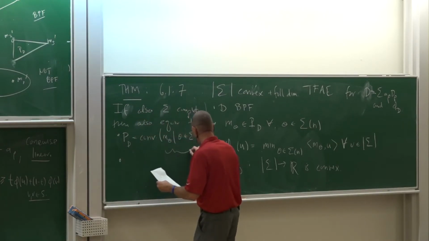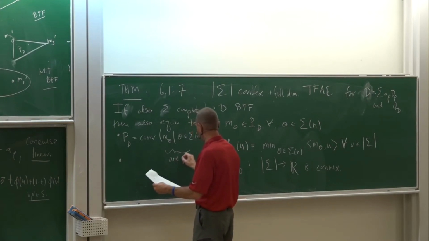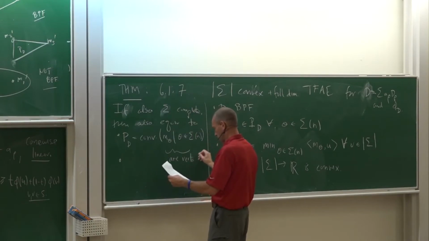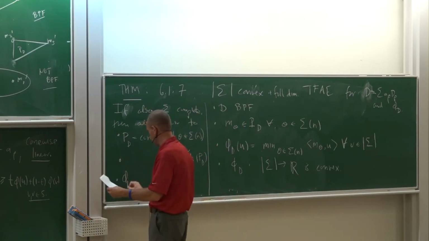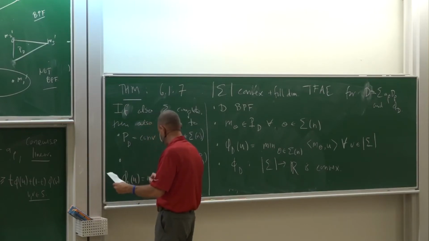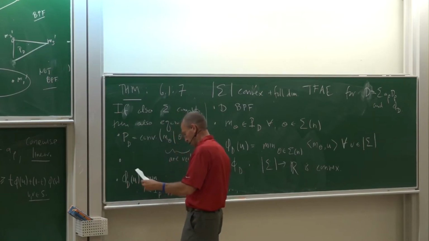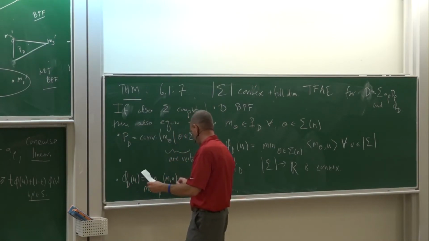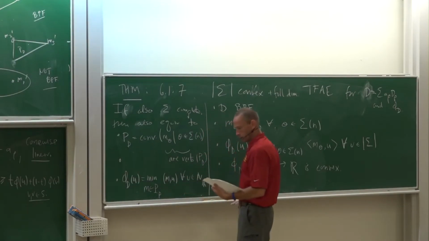This set are the vertices of P sub D, and finally phi sub D of U equals min over M in P sub D of M comma U for all U in N R. All right.